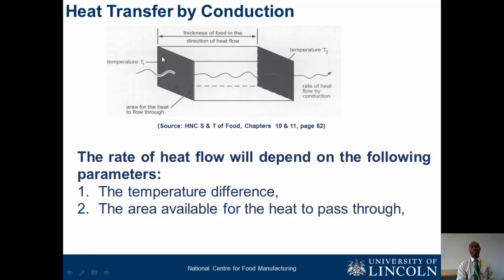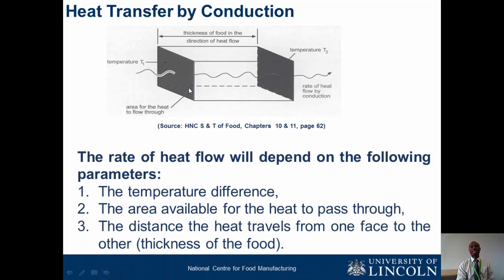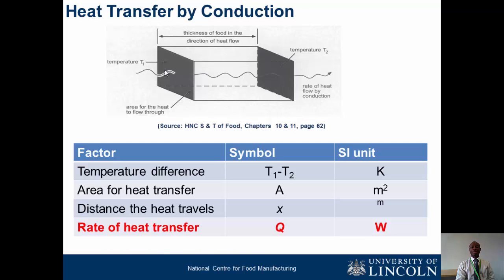Here we have this area, so it's going to be affecting the rate of heat flow through this material. And finally, the thickness of the food. The thickness of the food is also very important because that's the distance the heat travels from one phase to the other. Let's take note of the three parameters.